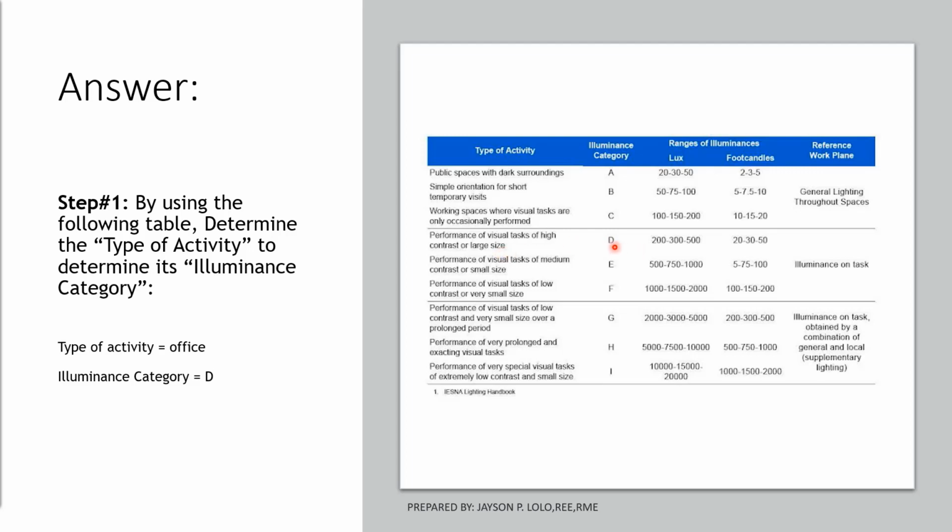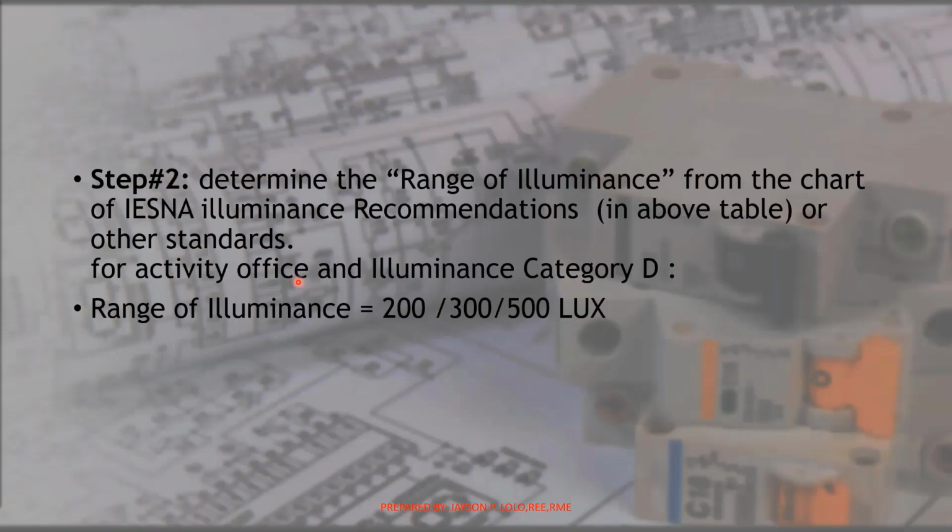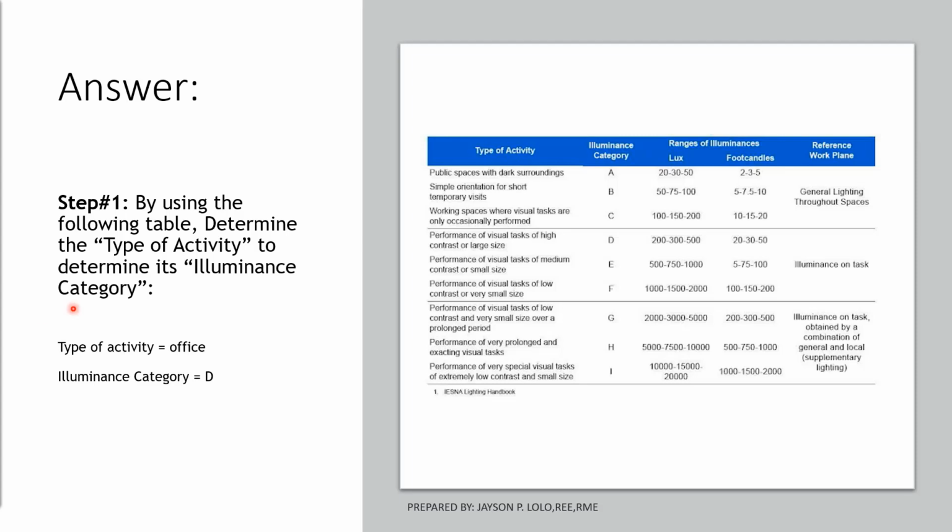So illuminance category is D. Okay, step 2 is determine the range of illuminances from the chart of IESNA. So the range of illuminances is 200, 300, 500 lux. So for now, you will use the SI. So D, and we now use the 200, 300, and 500.